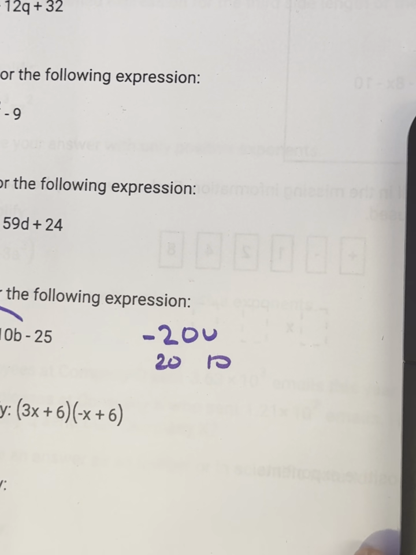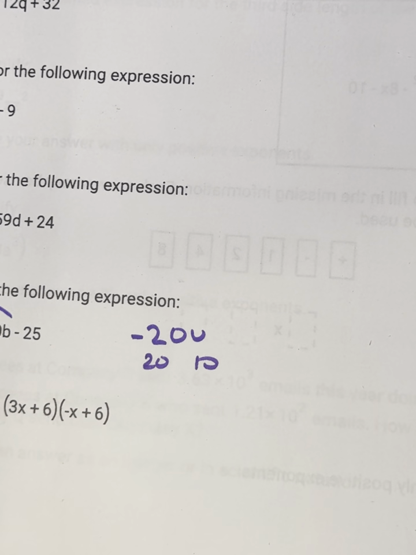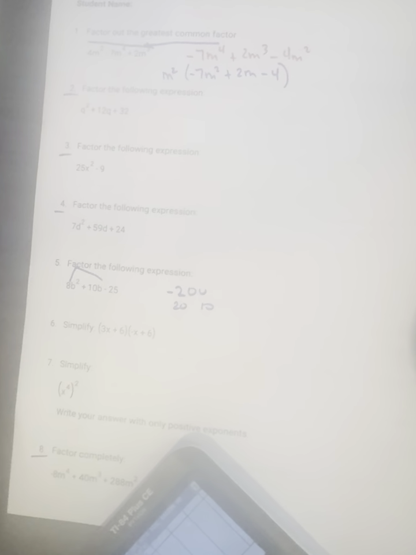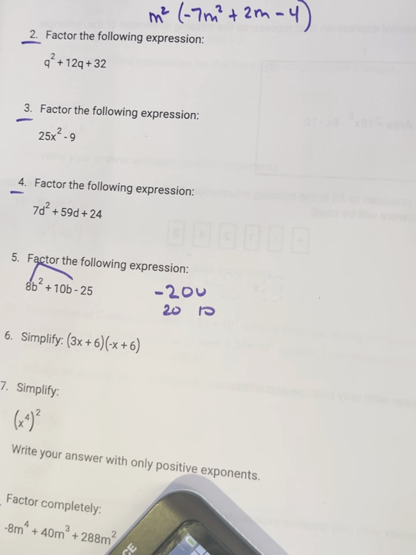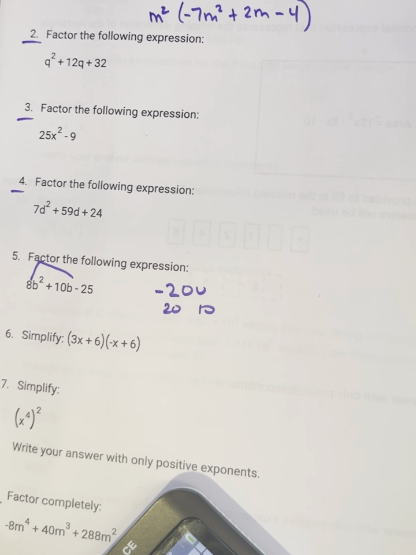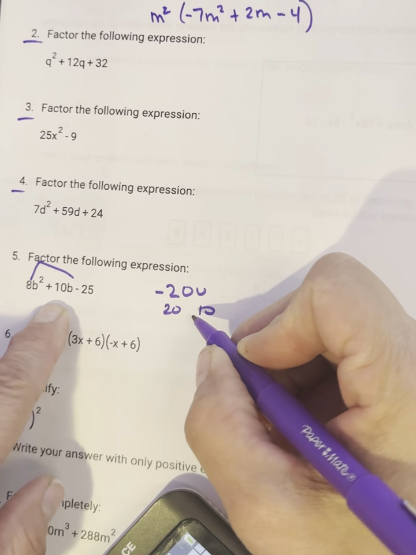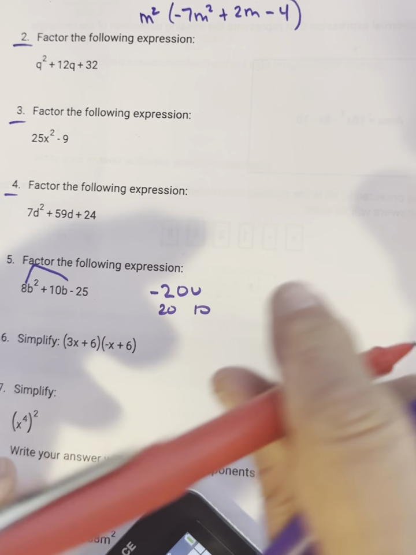One of them has to be negative. Because we need it to add to equal 10, your larger number needs to be positive and your smaller number will be negative.